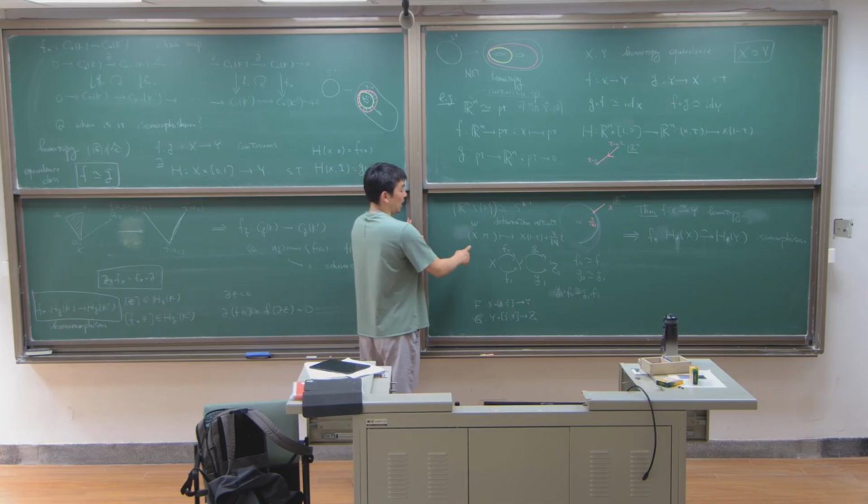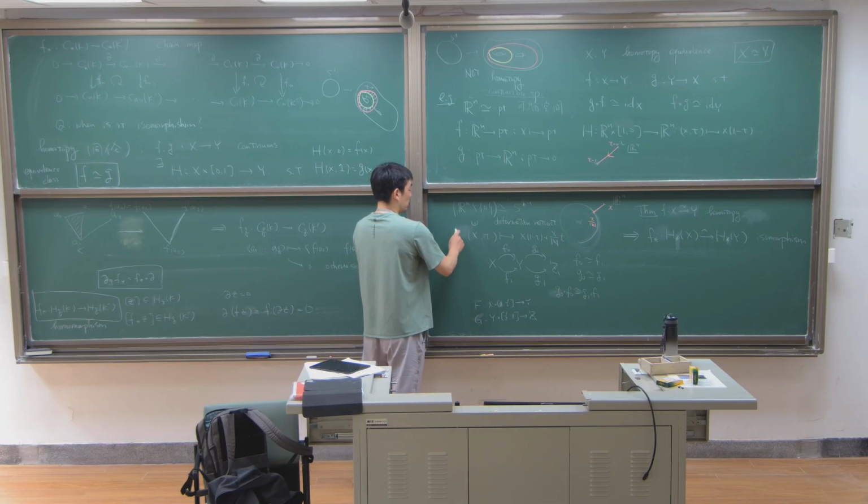This means that if you restrict this H to S^(n-1), it is just the identity of S^(n-1).